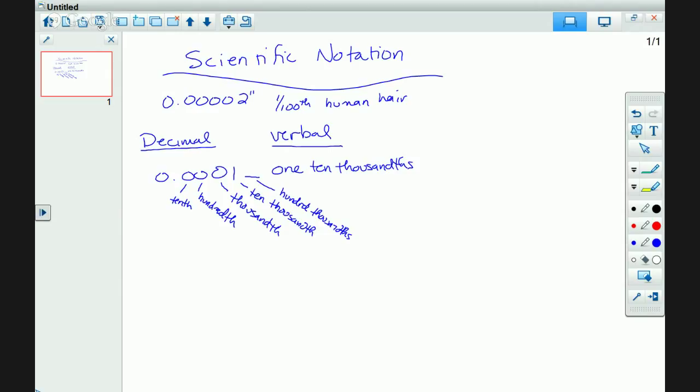You know how to write that as a fraction? One over 10,000. Yeah. You know how to say it, you can write it very easily.